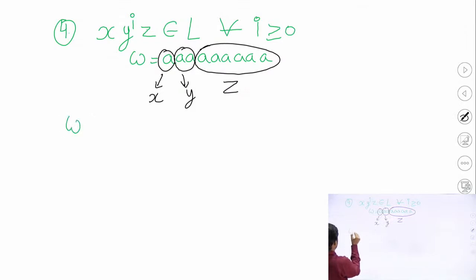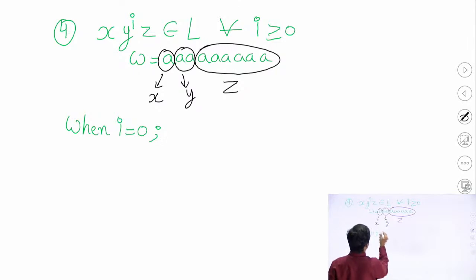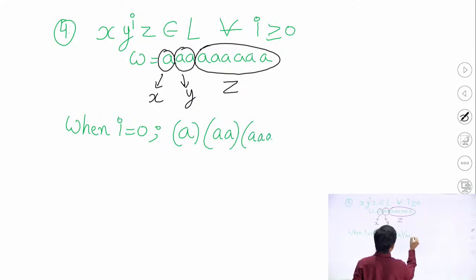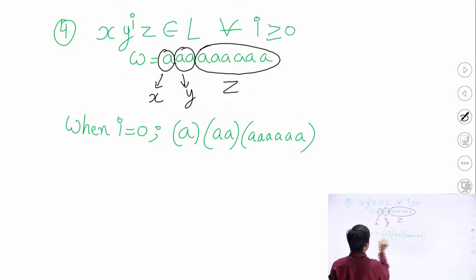Now when i equal to 0, then w will be x means a, y means a, and z means 6 times a. i equal to 0 means a raised to power 0.